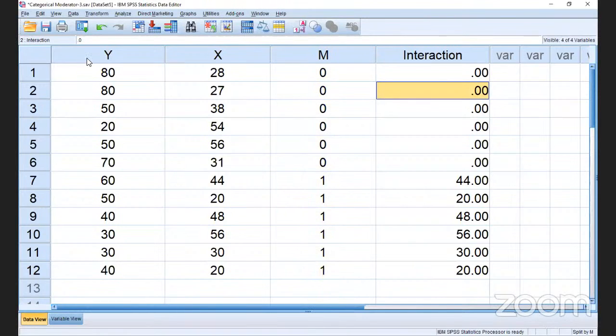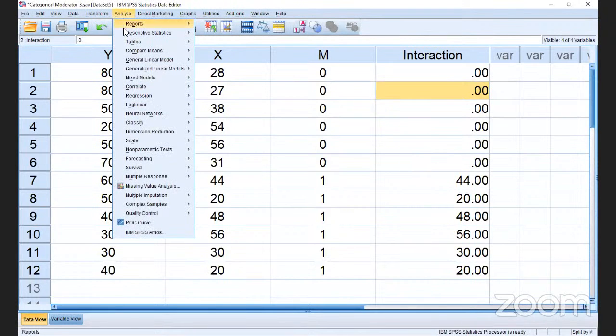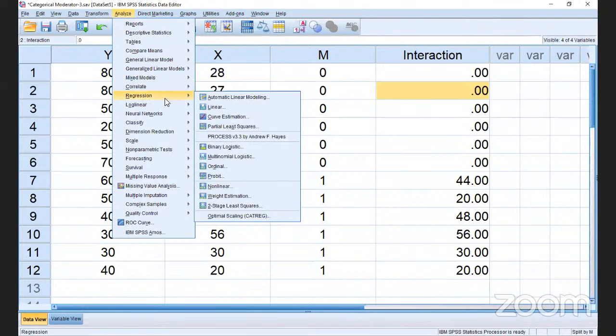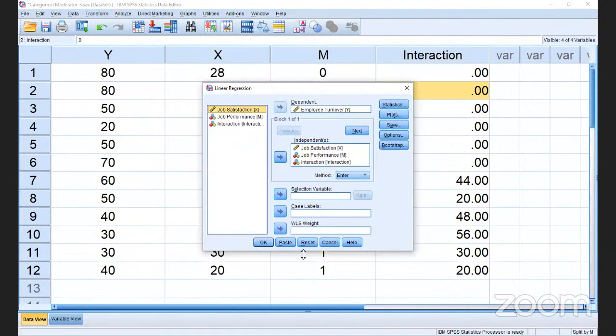Now I am again applying simple regression analysis. So Analyze, Regression, and then Linear. Okay. Reset it.